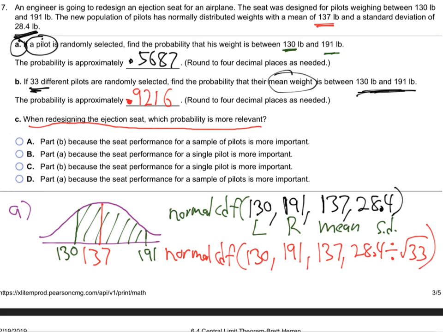They made it to work for people whose weights are between 130 and 191. So you got to be in that zone. You got to be pretty light for it to work. They're saying in Part A that 56.87% of pilots have a weight in that zone. In Part B, if you take 33 pilots, there's a 92% chance the average weight is in that zone.